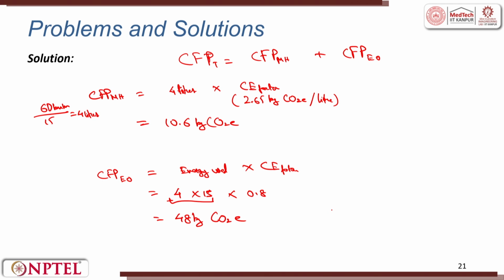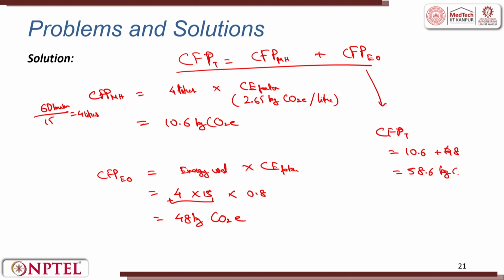So the total carbon footprint is the sum of the carbon footprint from material handling, that is 10.6, and the carbon footprint from equipment operation, that is 48. This is 58.6 kilograms of carbon dioxide equivalent.